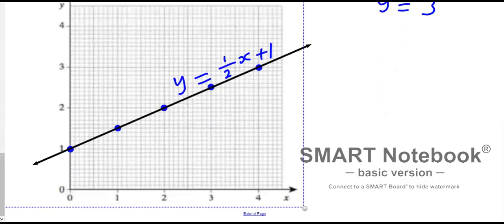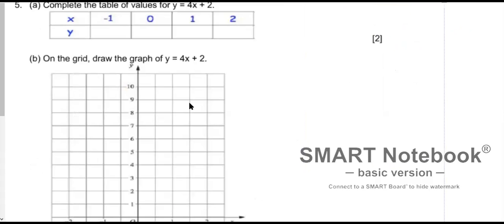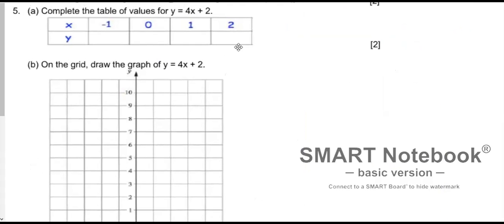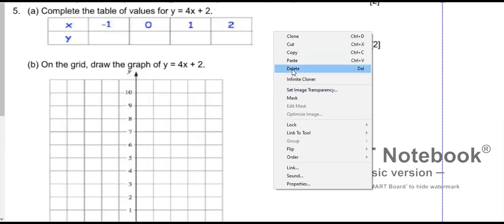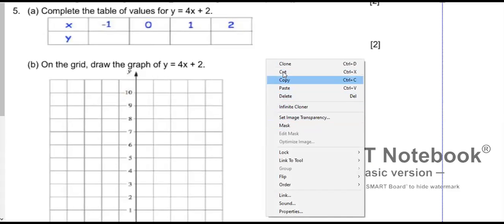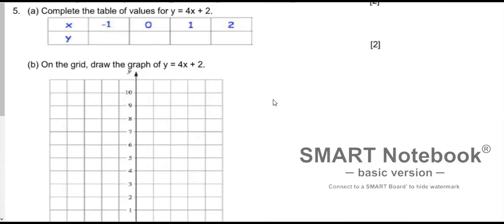The next question will be that question. Complete the table. We are supposed to complete the table again, and the process remains the same as how we have done.